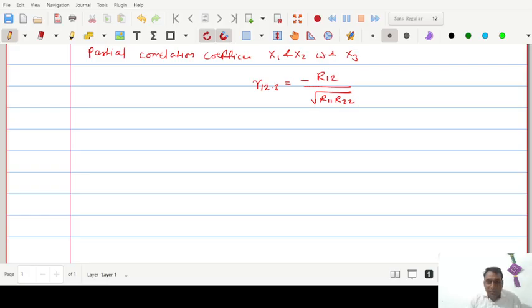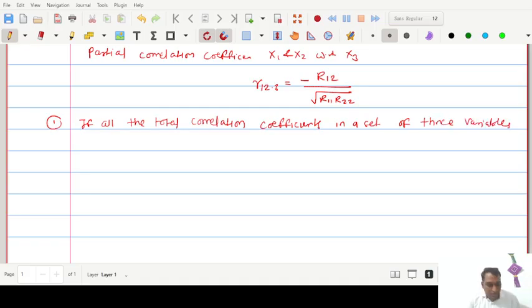So the first problem, problem number 1: if all the total correlation coefficients in a set of three variables are equal to rho, then show that number 1, r1.23 square is equal to 2 times rho square upon 1 plus rho.